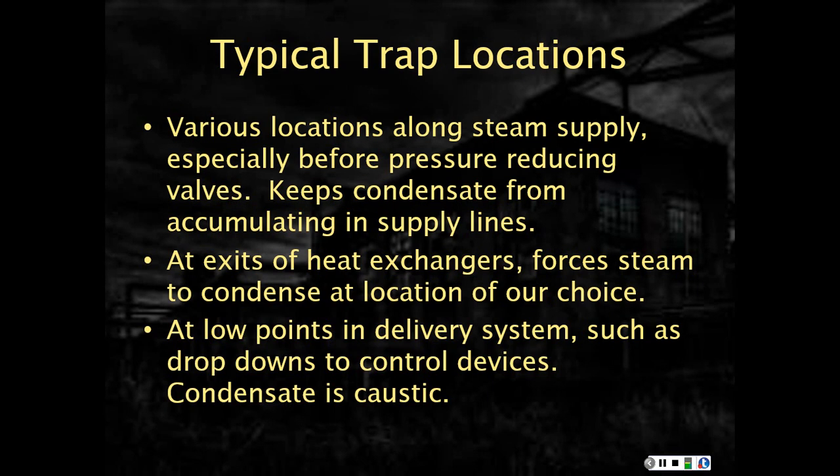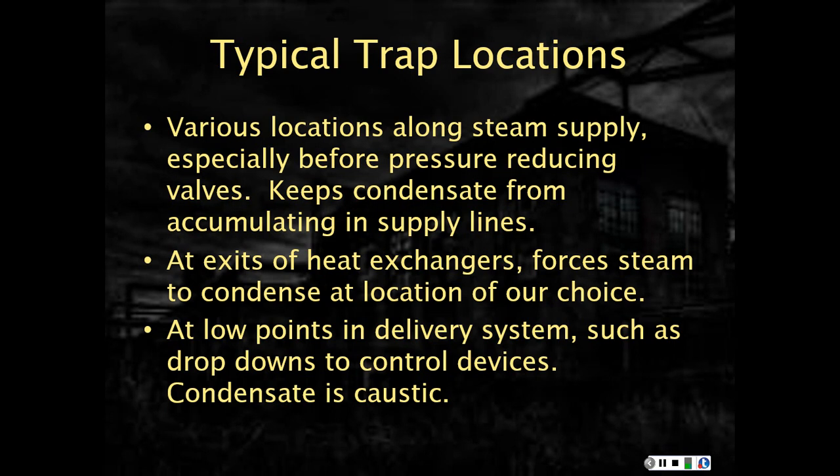And then finally, at low points in the delivery system, such as drop downs to control devices. So if I'm running steam lines high overhead in a mechanical room, I drop down to feed a device, let's say a steam humidifier. The steam is going to run into a control device first to regulate the steam into the humidifier.